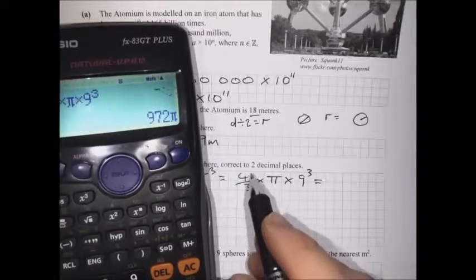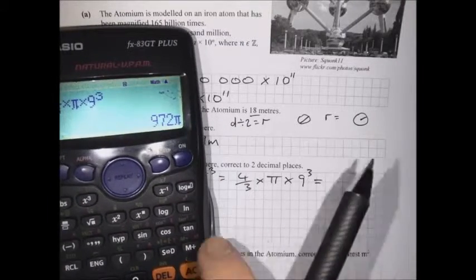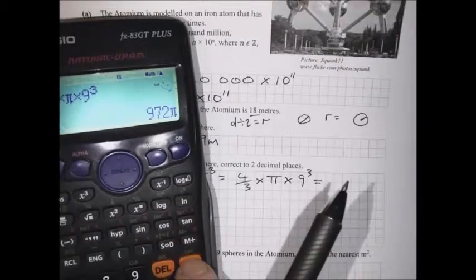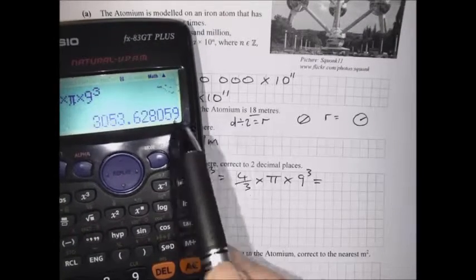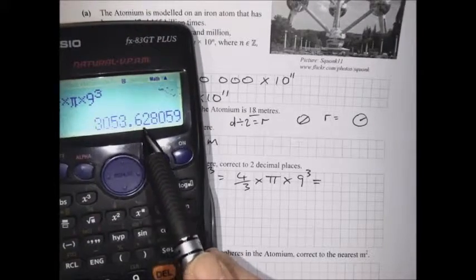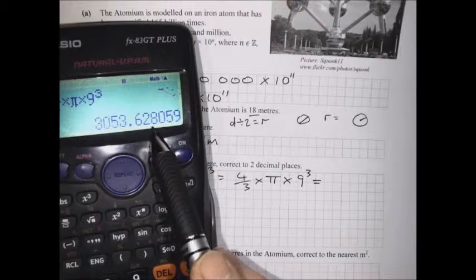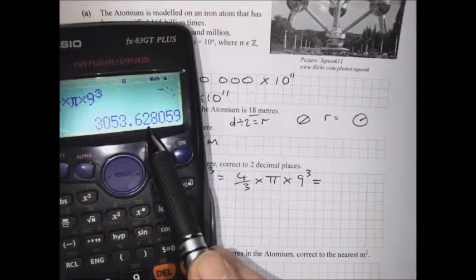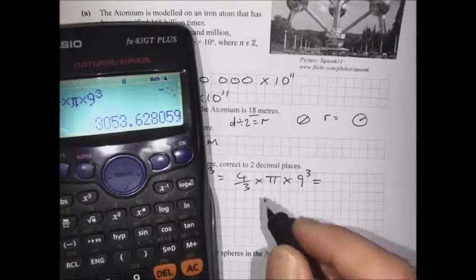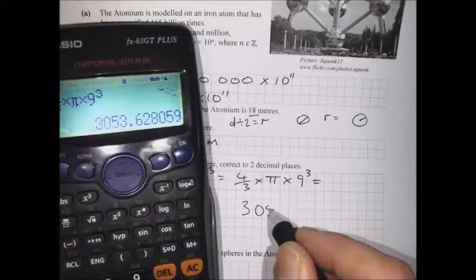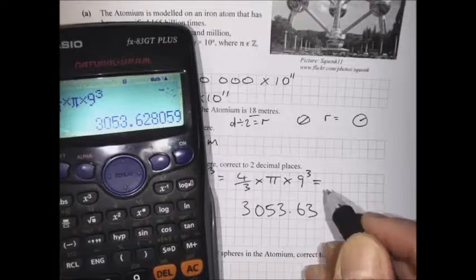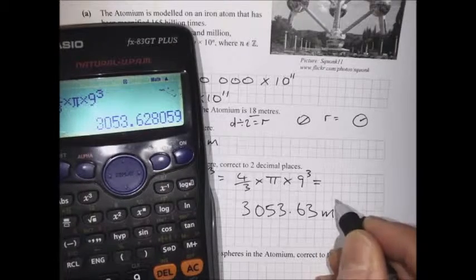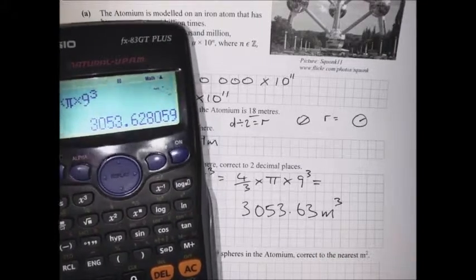Now they want that to 2 decimal places, so we'll press the SD key here, and that gives us 3053.628. Now they wanted the 2 decimal places. The third decimal place contains an 8, which is 5 or higher. If it's a 5 or higher, this guy goes up by 1. So that gives us 3053.63 meters cubed, because it's volume.